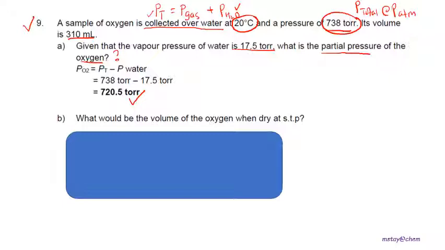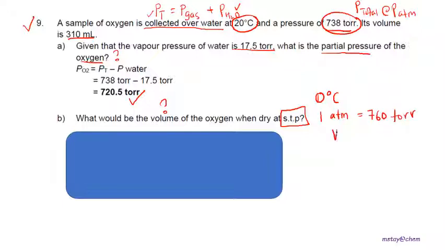Okay, question B: what would be the volume of the oxygen gas when the oxygen gas is dry at STP? As we know, STP means standard temperature, which is 0 degrees Celsius, and standard pressure, which is 1 atm. If we relate it to the unit of torr, 1 atm is equal to 760 torr.